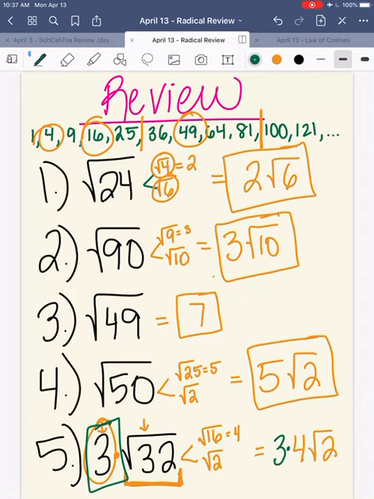Our final answer here is we can only multiply the whole numbers times the whole numbers, no radicals. So we're just going to do 3 times 4, which is 12 root 2. Okay? If you need some more practice on those, I'll link a YouTube video. There are many of them out there where you could follow along to get a little extra practice.